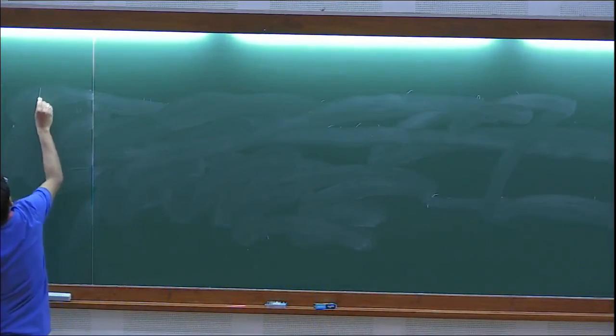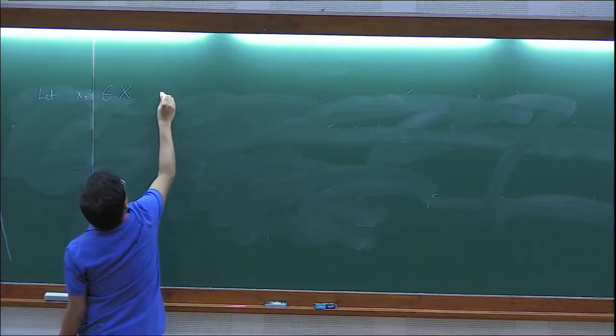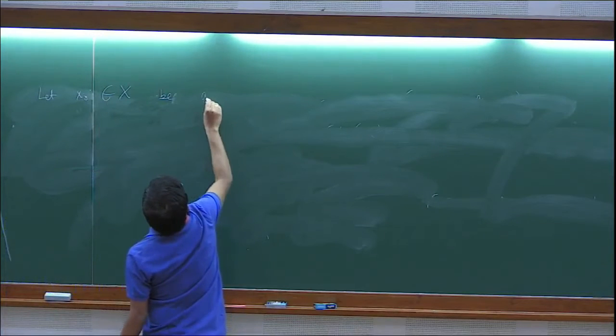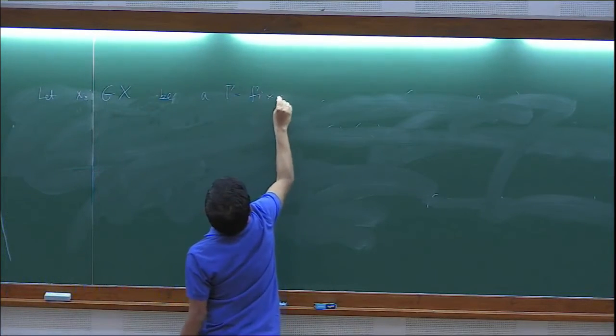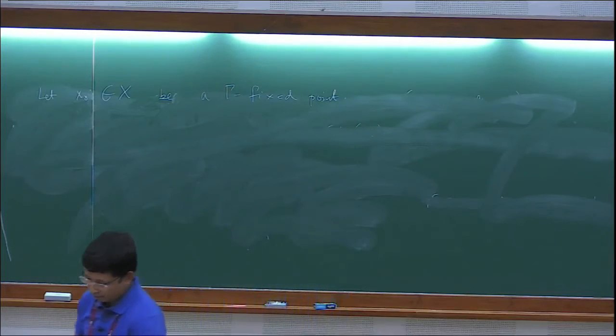So suppose x0 in X is a gamma fixed point. Because it's a closed point, it is fixed by the gamma action.